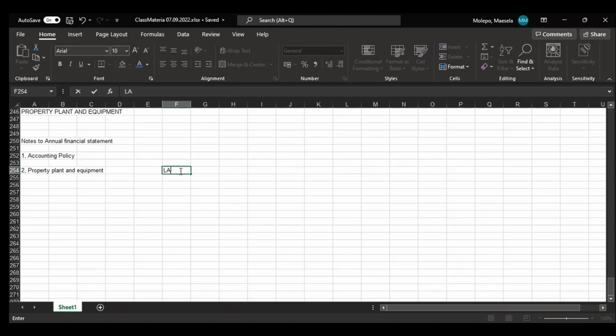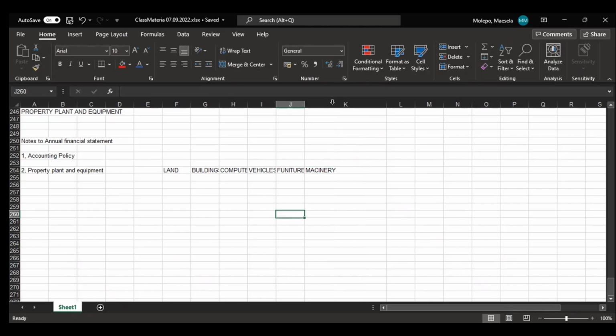So let's write them down: land, buildings, computer and equipment, vehicles, furniture, and machinery.